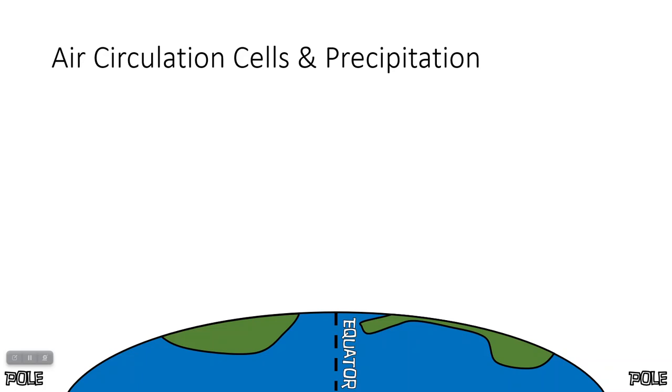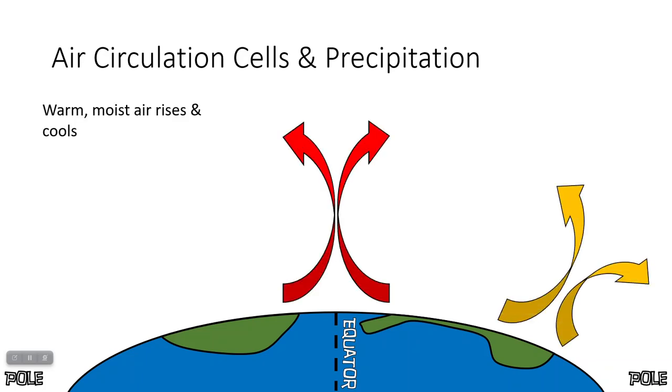So let's look at how air circulation cells affect precipitation. You have warm, moist air rising, because generally warm air is going to be moister than cool air. And remember, most of the moisture or water vapor in the atmosphere tends to be concentrated around the equator, just because that's where it's warmest and you have a lot of evaporation happening.